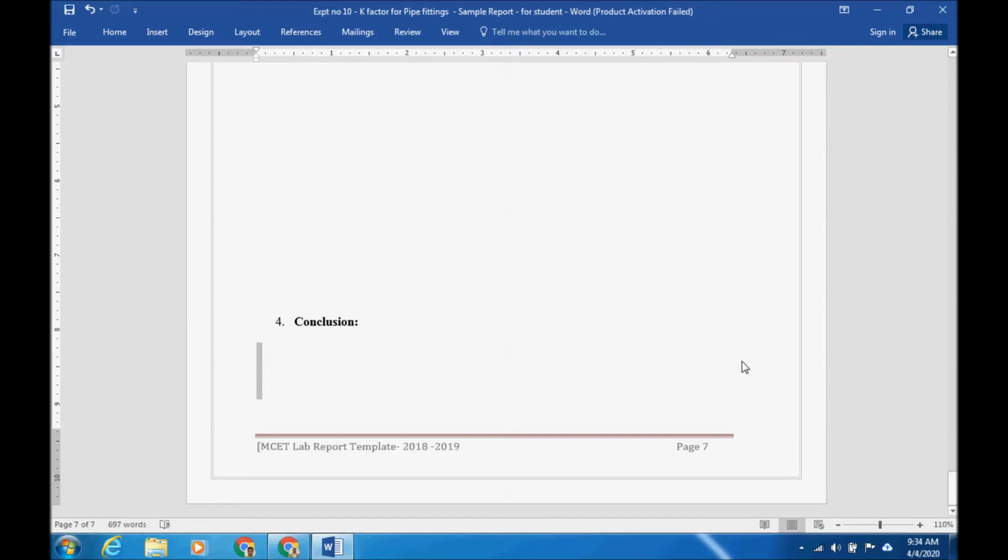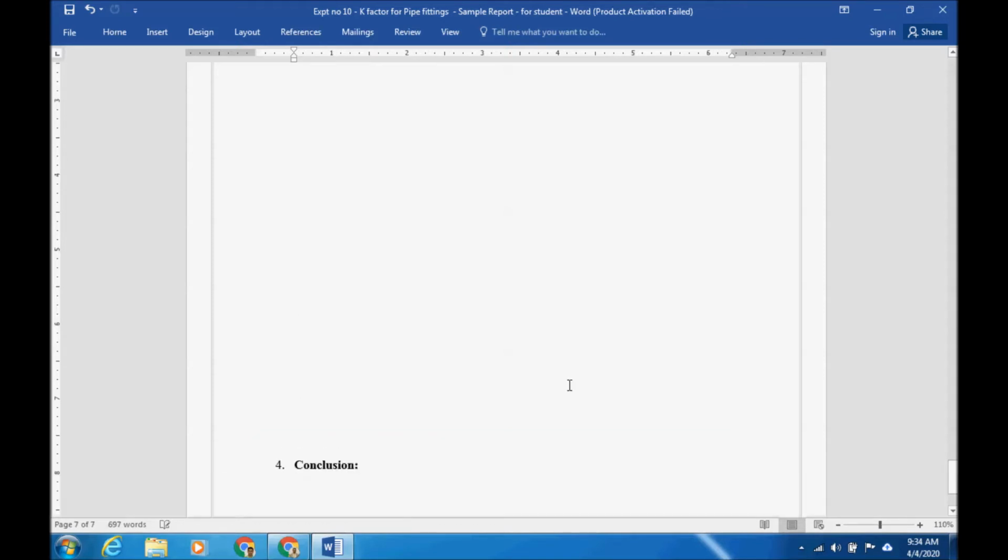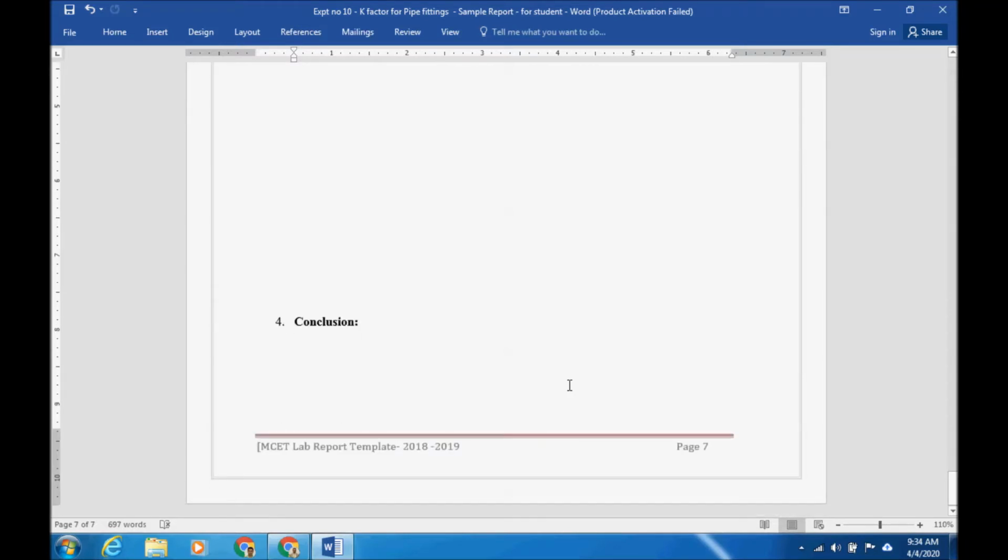Write the head loss in meters of water. Then number 3, you can write the Reynolds number for the flow is, so choose any one value and write the answer for HW, Reynolds number and K factor for that. So this is about the conclusion.